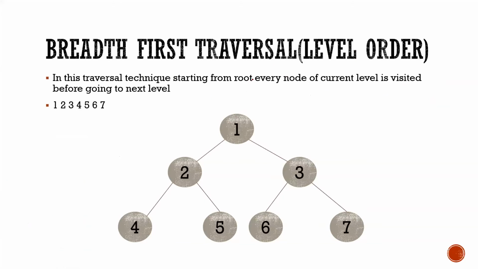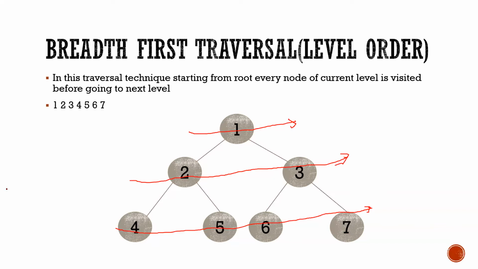So in breadth first traversal, how are we going to traverse the binary tree? First, we traverse 1, then 2 and 3, and then 4, 5, 6, and 7. Are you getting how we traverse in breadth first traversal?